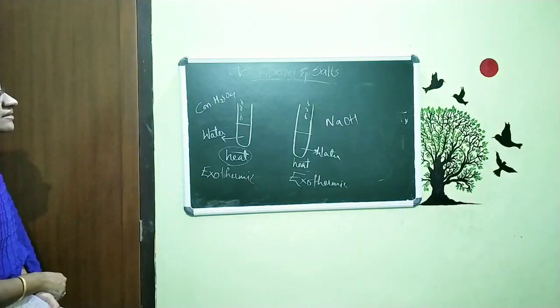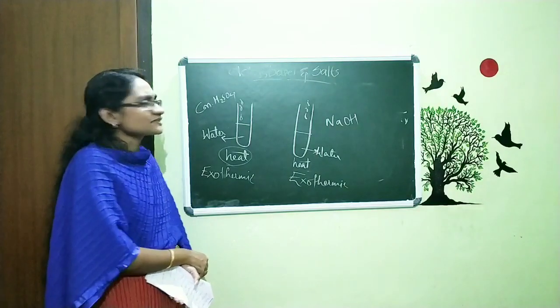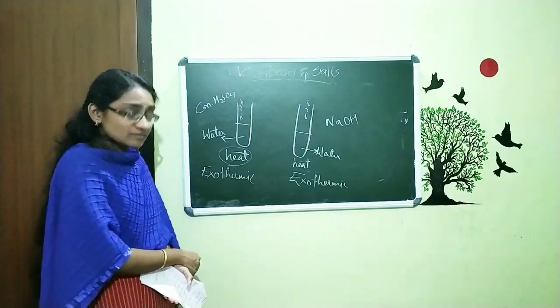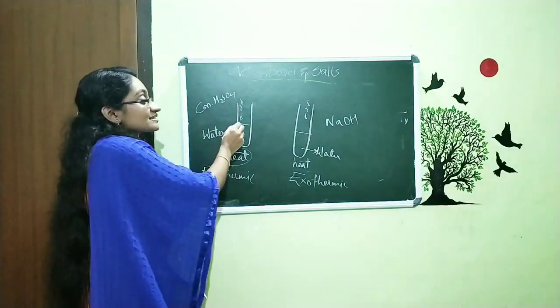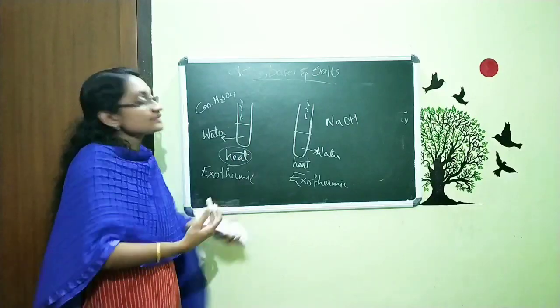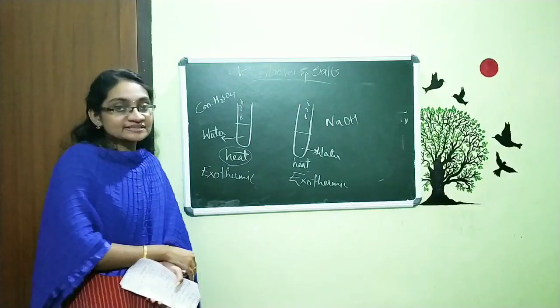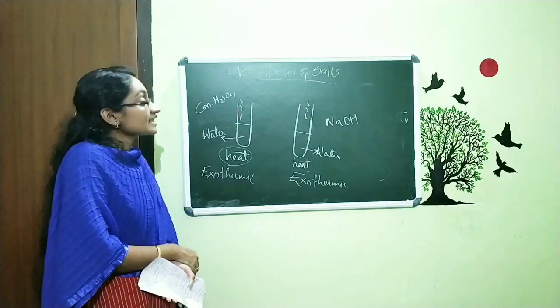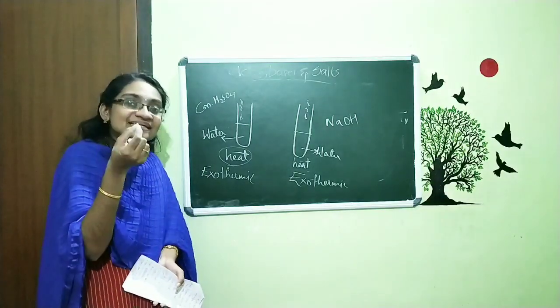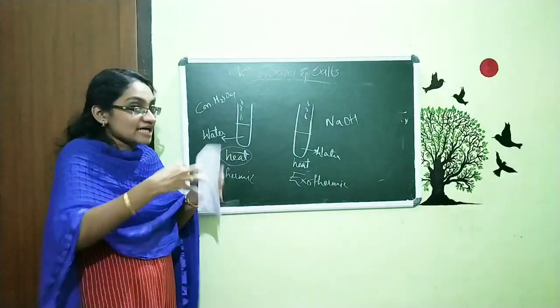And here, why are we doing this experiment? One thing you want to remember: we are selecting a large amount of water and only some drops of concentrated sulfuric acid. That means the content of acid is less and the content of water is higher.